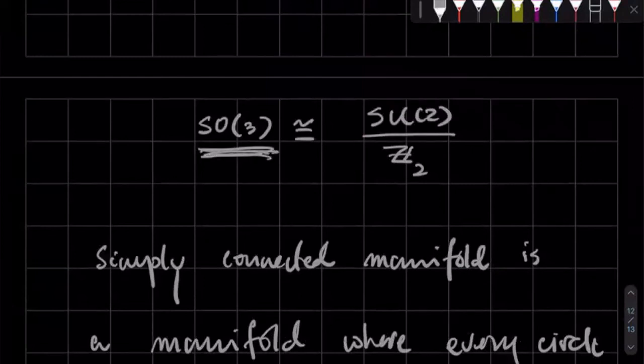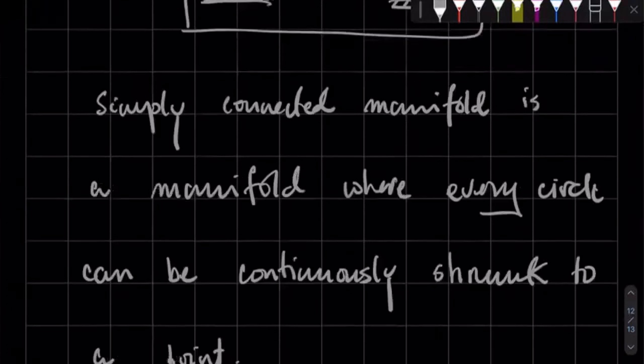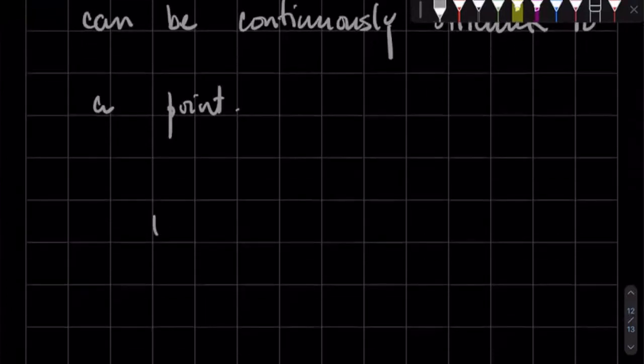And the reason is that we constructed this isomorphism, and we saw that both U and minus U map to the same element in SO3.